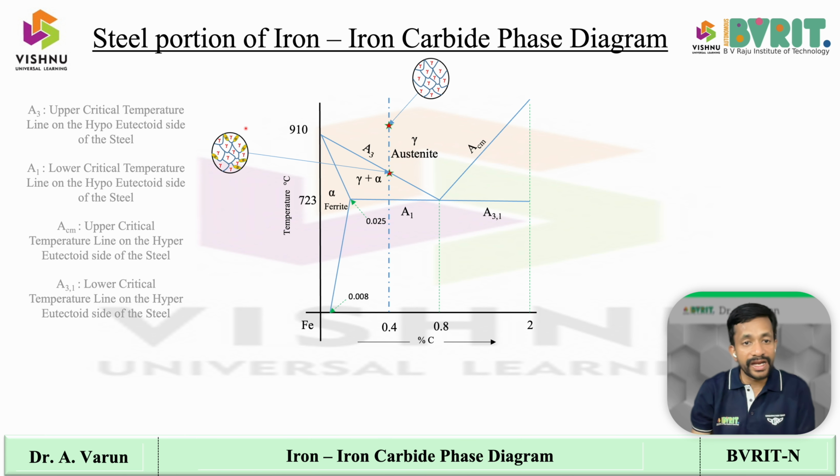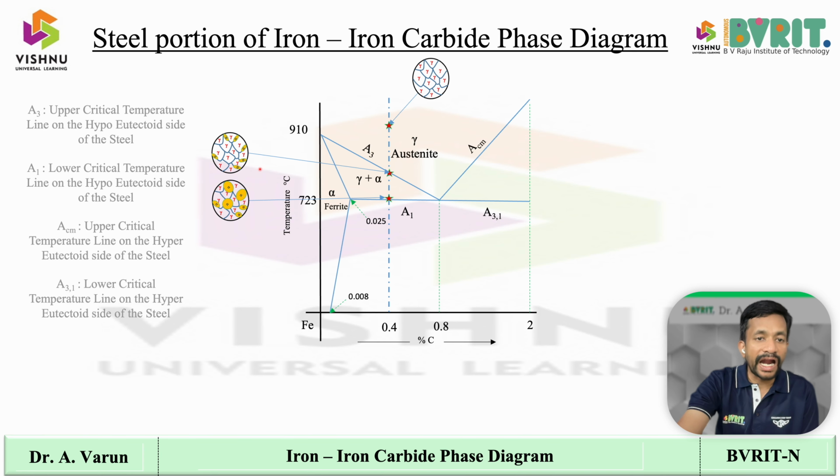And what about the remaining carbon? That remaining carbon will be absorbed by all the neighboring austenite. So this continues until all the austenite attains 0.8 percentage of carbon.